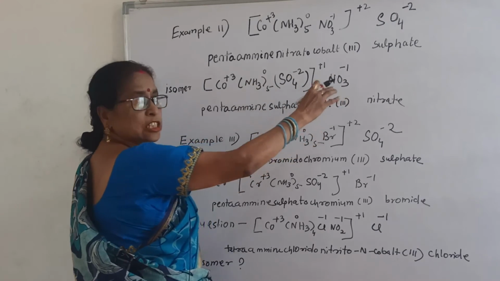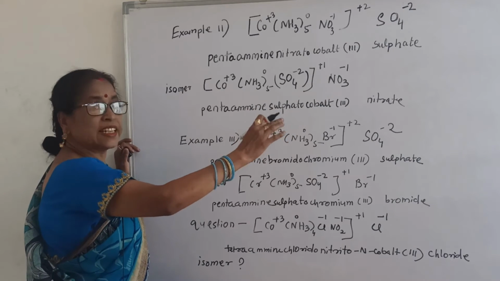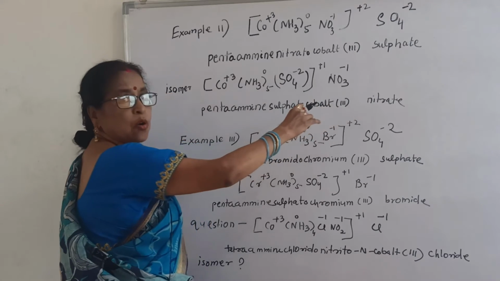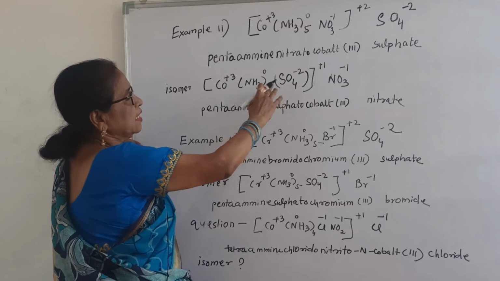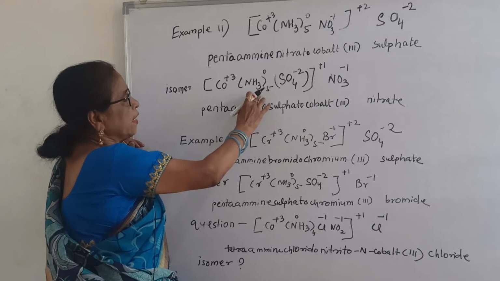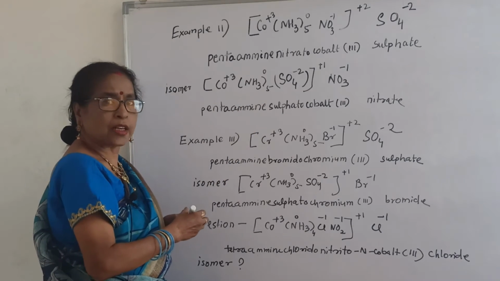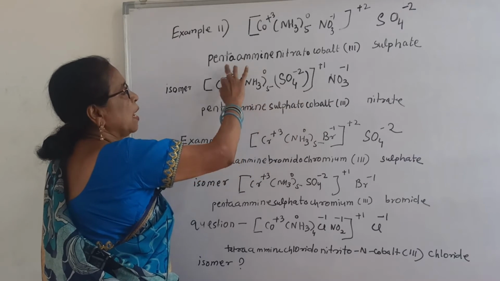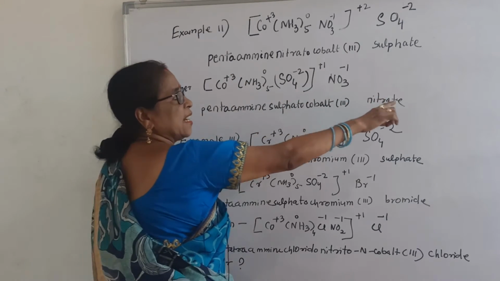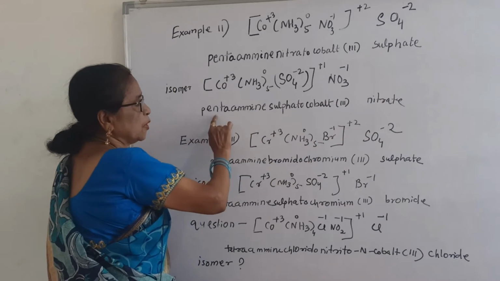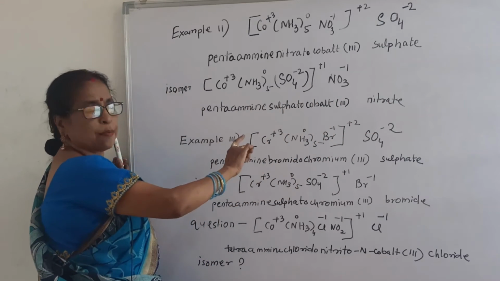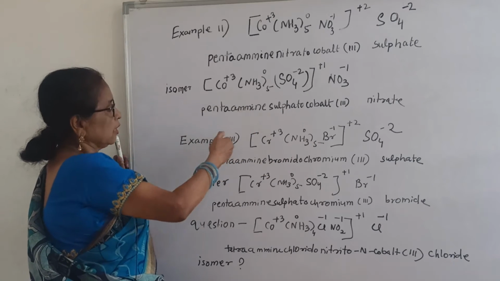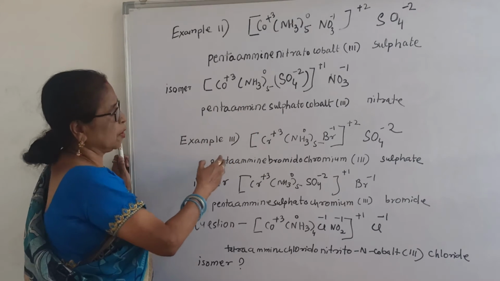It will give the acid radical test of nitrate. Remember in the acid radical test, it gives the nitrate brown ring test, and the sulfate is inside. So what is the name? Pentamine sulfato cobalt 3 nitrate, a gap, nitrate, and there should be no capital and no gap in the coordination sphere name.